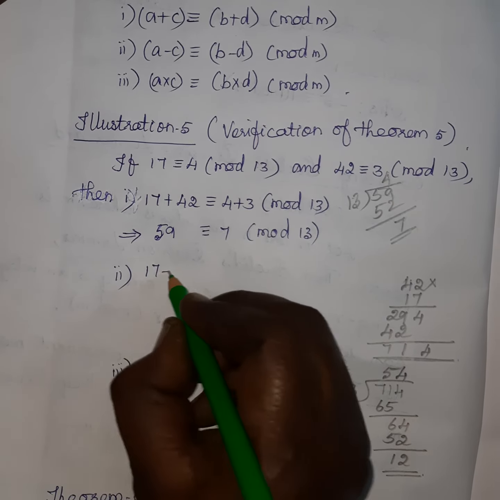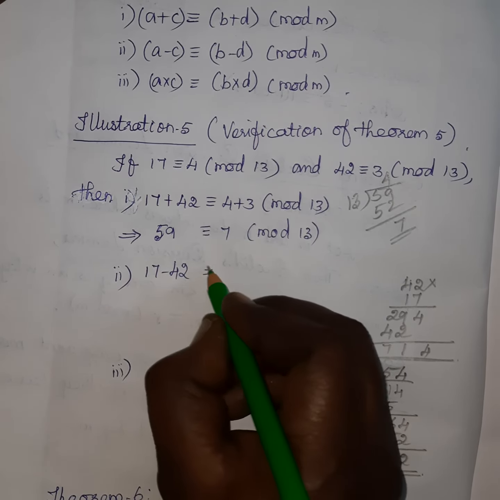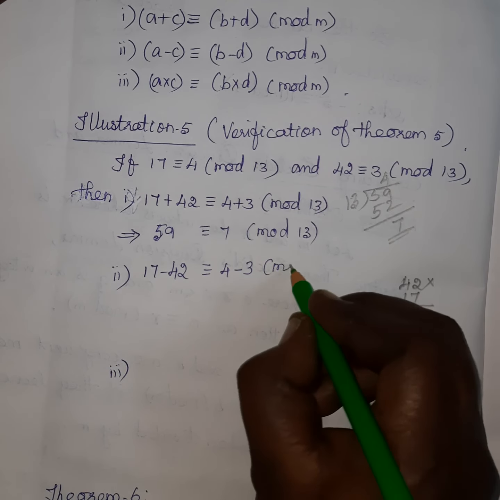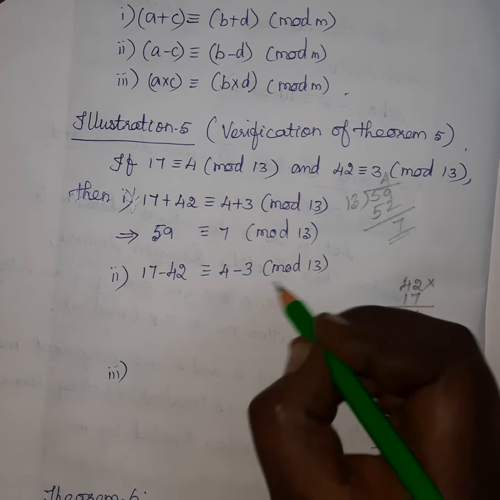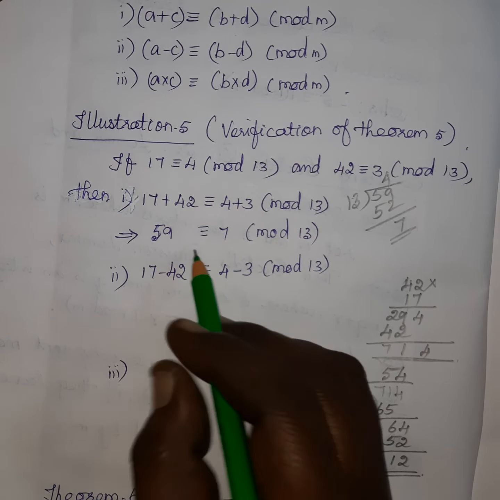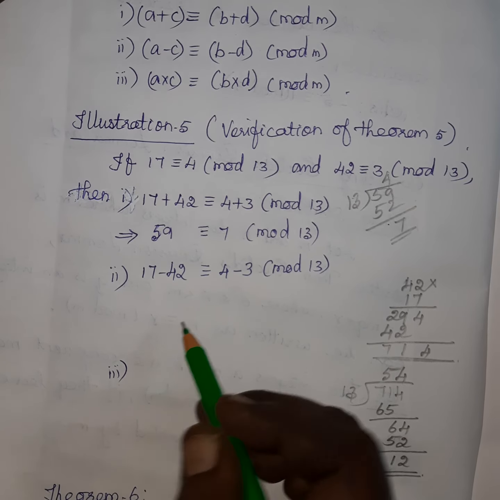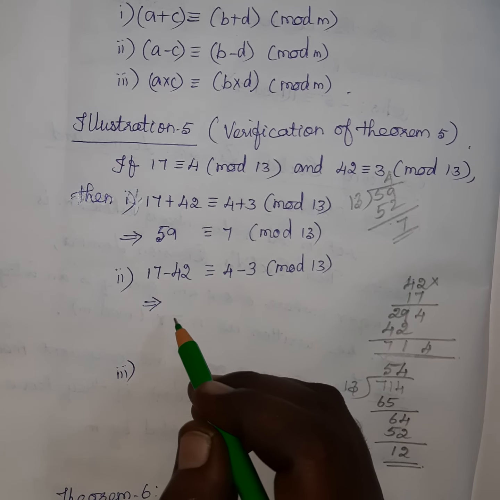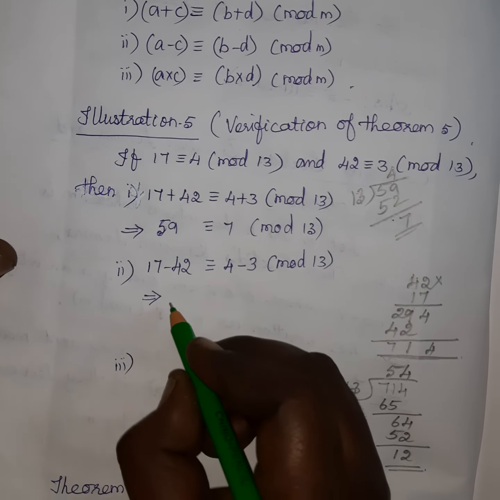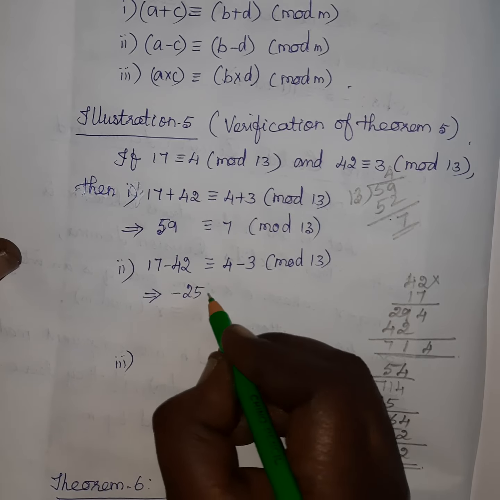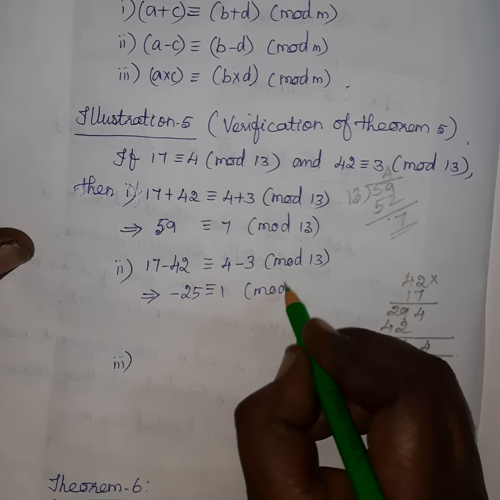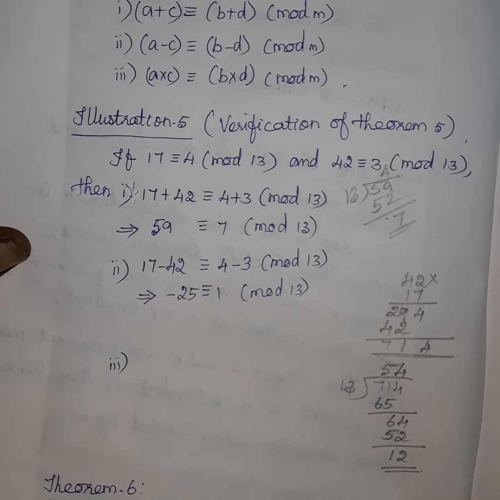17 minus 42 is congruent to 4 minus 3 mod 13. It is using the theorem we are writing. Is it correct? We can check by the calculation. Okay, what is the value of 17 minus 42? So minus 25 is congruent to 1 mod 13. Okay, is it correct?